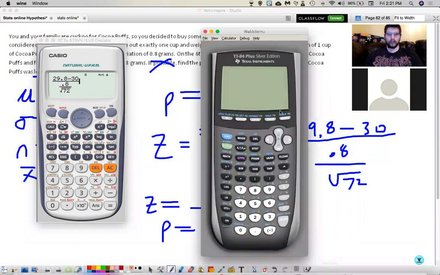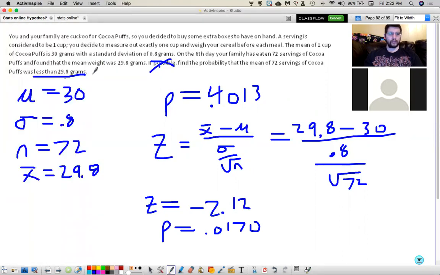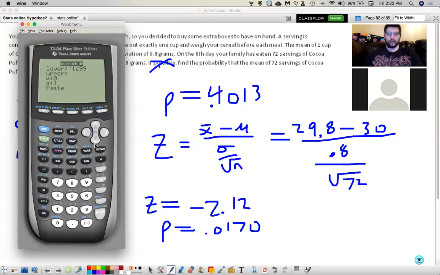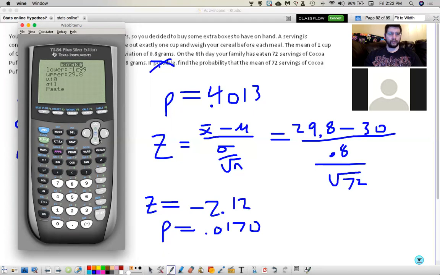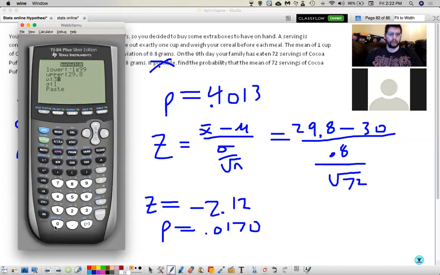Let me see what the TI gives me using the normal CDF. I might have typed something in wrong. Negative infinity. Yeah, we want the probability that it's less than, right? Less than, yeah. 29.8. I think I might have typed 28.9. No, that didn't make sense. The mean, 30. And standard deviation, 0.8.